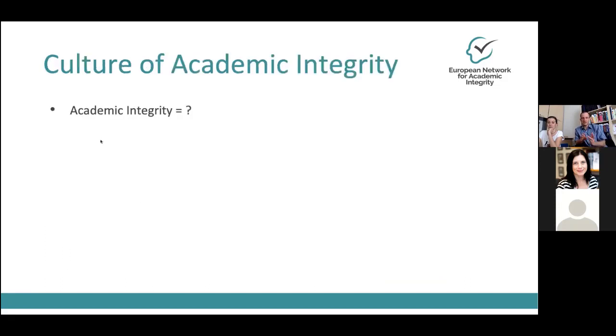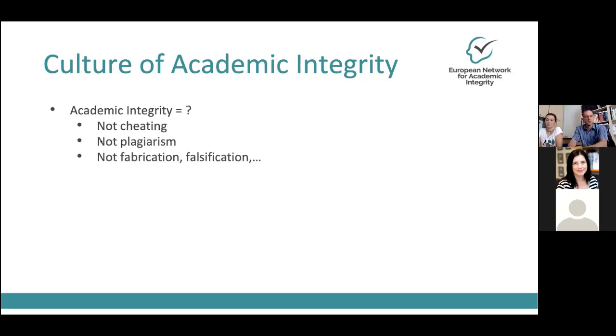So when it comes to the culture of academic integrity, we have to acknowledge that academic integrity doesn't mean not cheating, not plagiarism, not other kinds of misconduct.